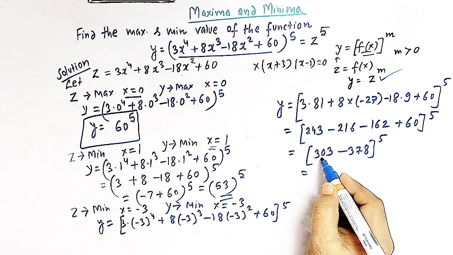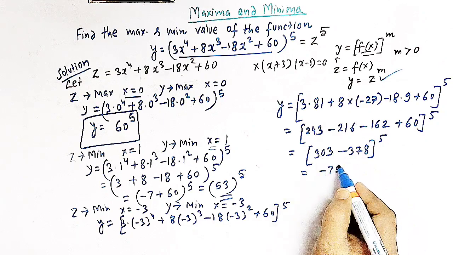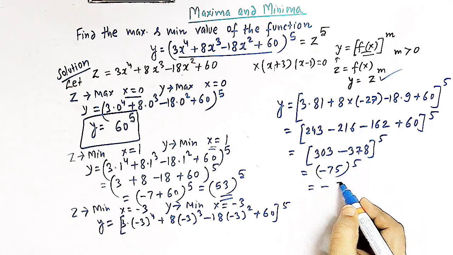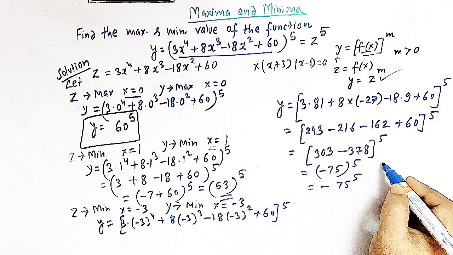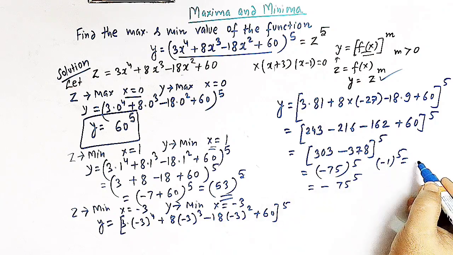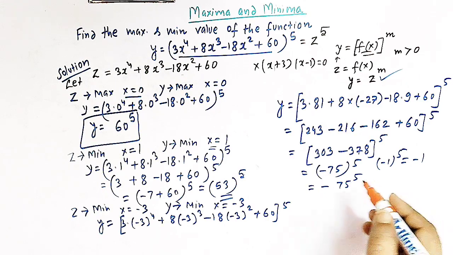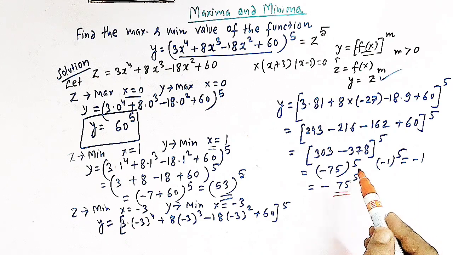So 303 minus 378 is minus 75 raised to 5. So this is minus 75 raised to 5, right? Because here minus 1 raised to 5 is minus 1. So the minimum value of y is given by minus 75 raised to 5, right?